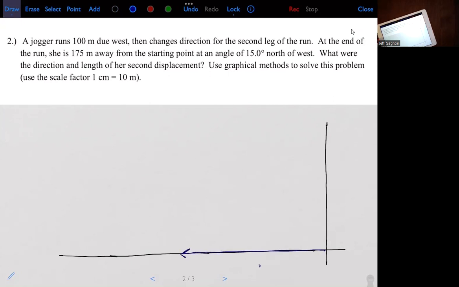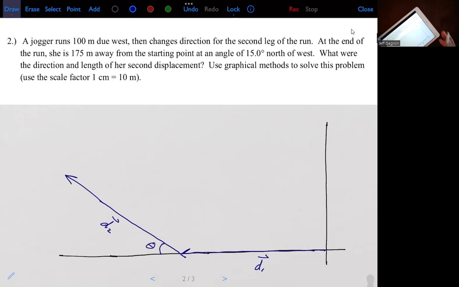I'm going to call that D1. Then she changes direction. And actually, it'll be in this direction. It'll be something like this. I'll call this D2. We don't know what this angle is, theta. We need to find it.